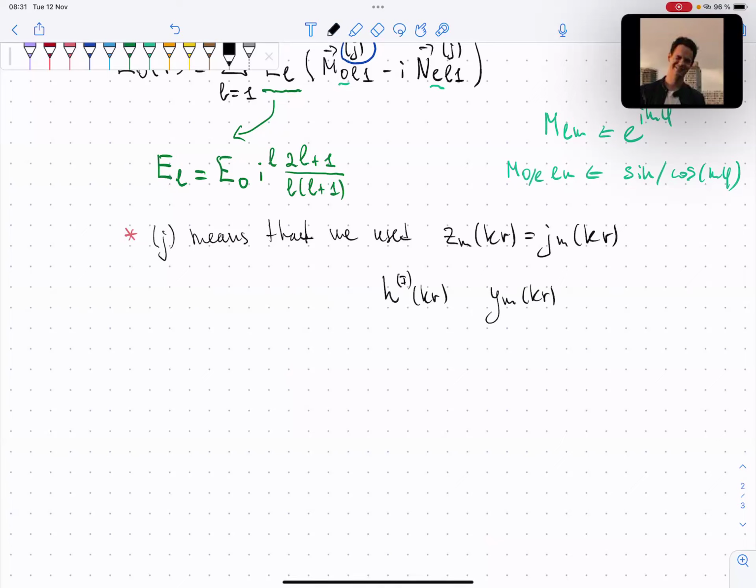How do you think? Because of their properties, because it's a sphere, something like this. Because it's what? The properties, the zeros and others.